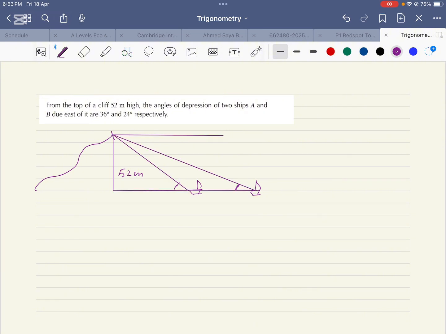This angle is 25 and this entire angle is 36. So this is 36 and this is 25.